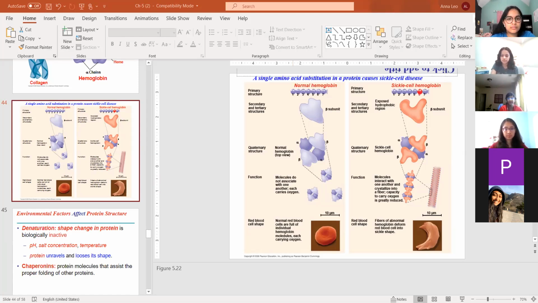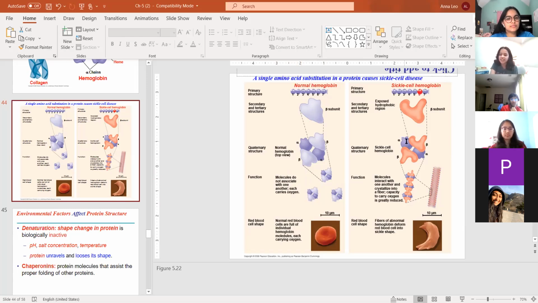I have a question. Can you re-explain what it means by crystallize? Because I don't really get what that means. Okay, so in the normal hemoglobin, the molecules do not associate with one another. Each molecule stays in its own little sphere, and they each carry oxygen.